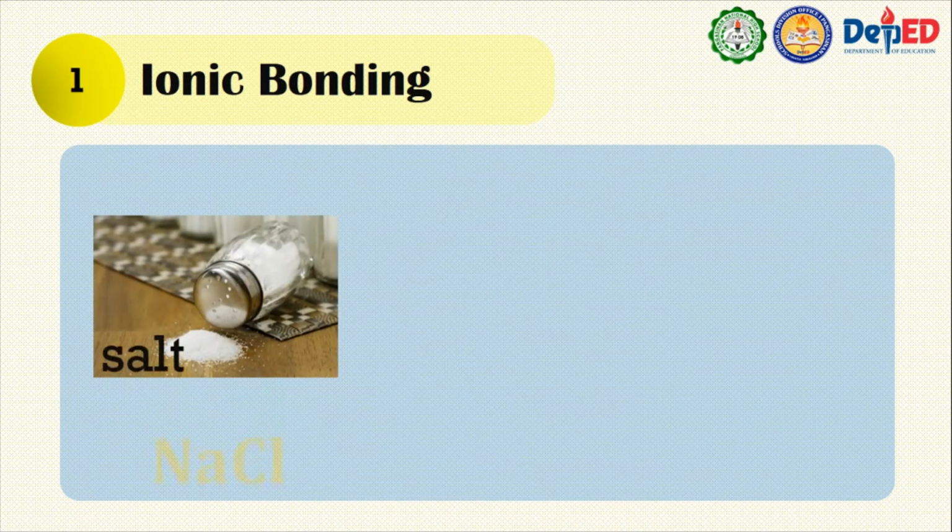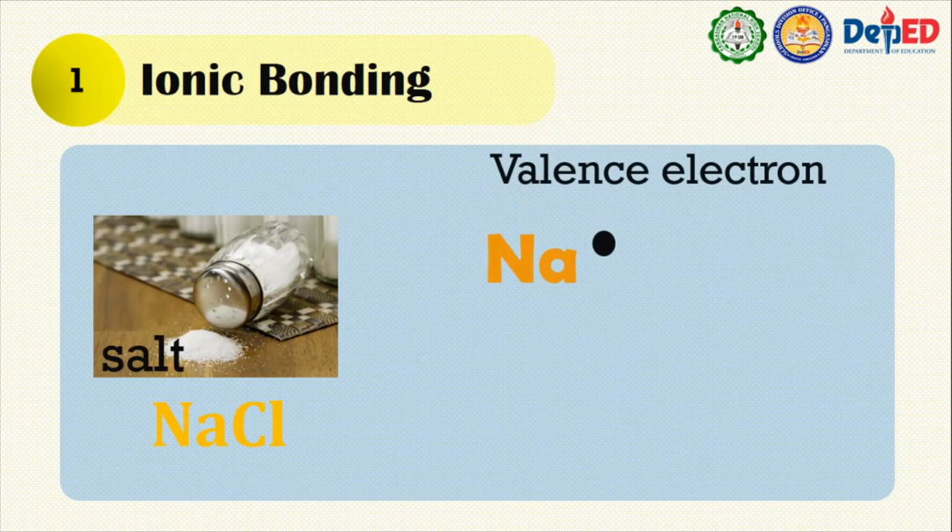For example, a compound having ionic bond is this table salt, which is made up of one sodium atom and one chlorine atom. Let's take a look how ionic bonding happens in this compound. Sodium has one valence electron.